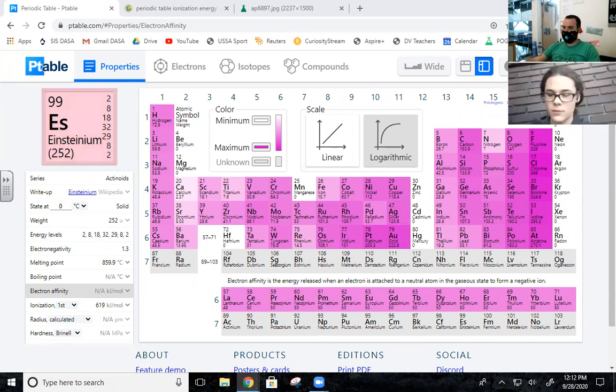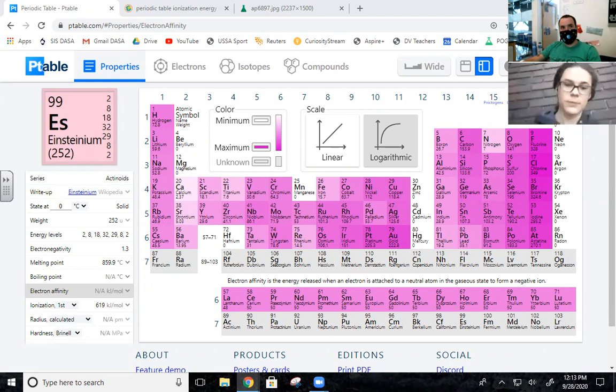Last thing that I wanted to talk about with electronegativity that I forgot to mention. Electronegativity is the amount that an atom wants an electron, right? But it isn't just by itself.